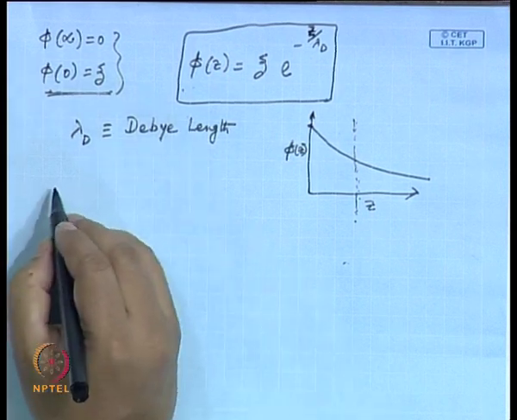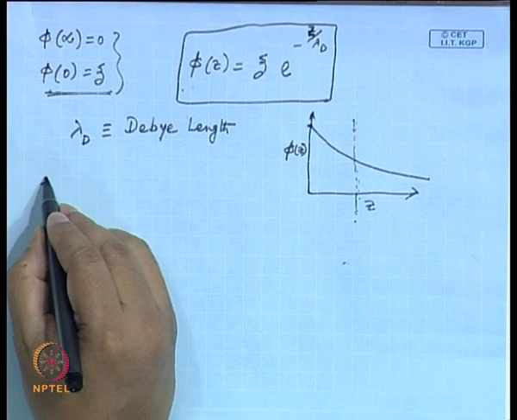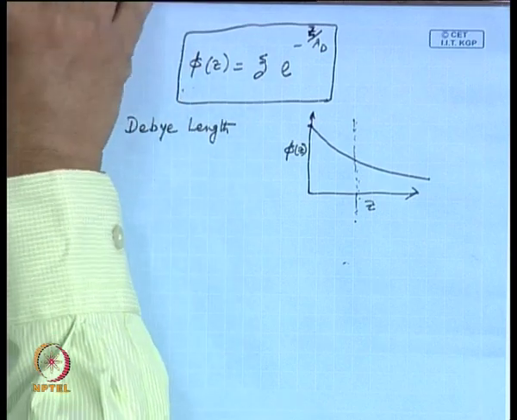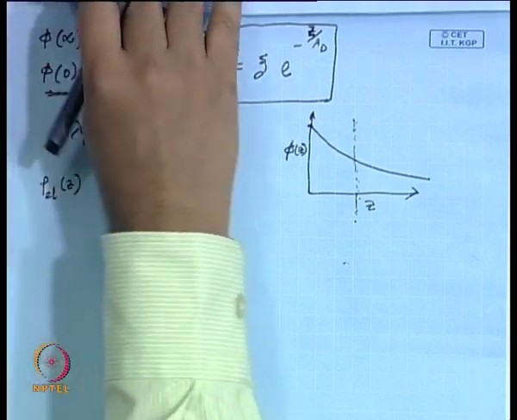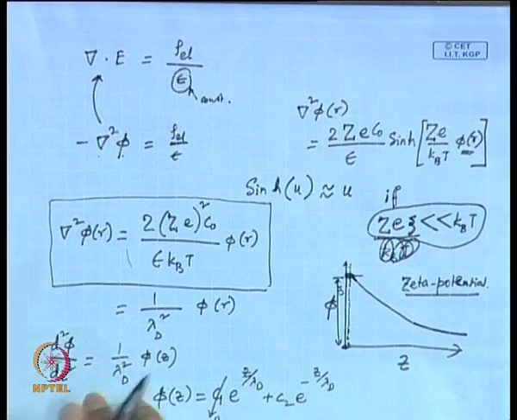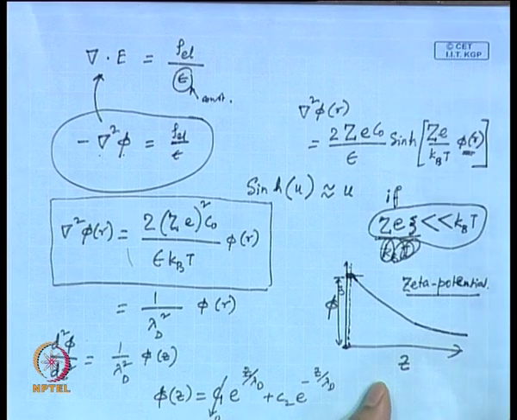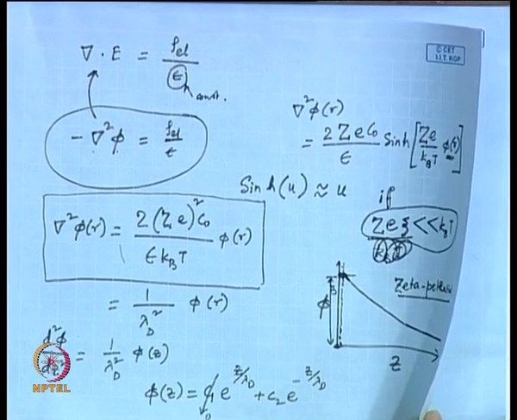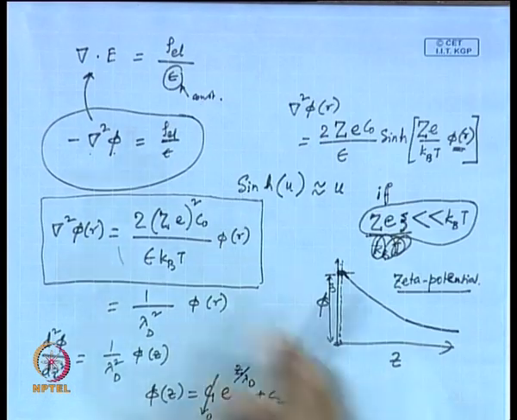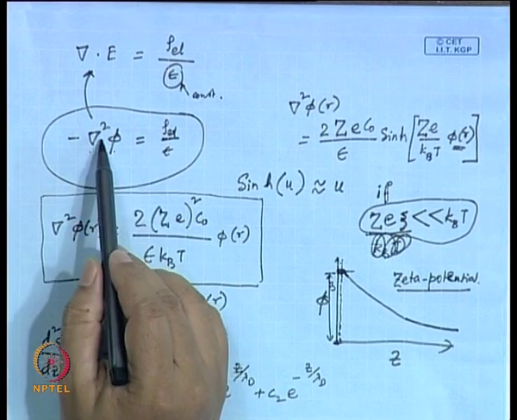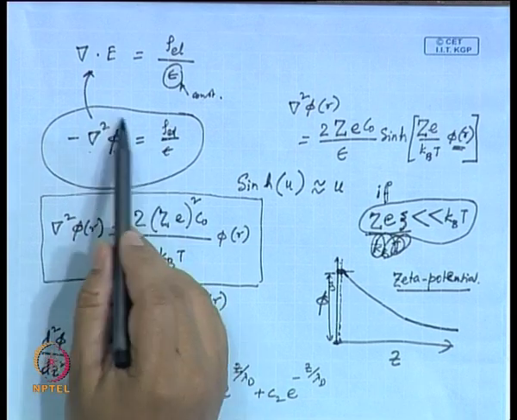All right. So this is the expression, and then you have rho E L z. What is rho E L z? We had talked about it. If we multiply by epsilon and take the second derivative, if somebody wants to know rho EL, he will multiply by epsilon into del square phi.